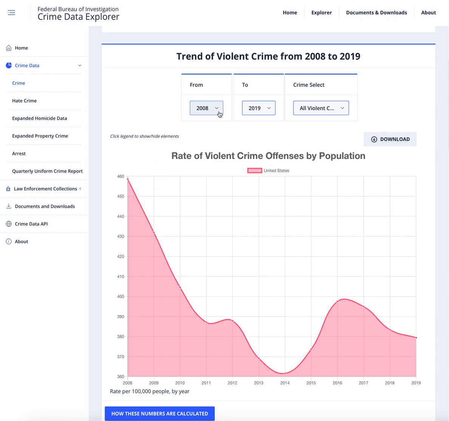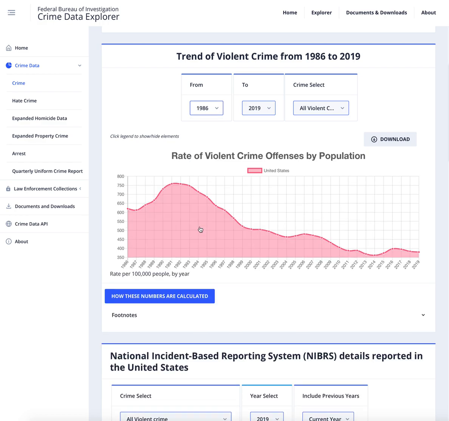So we learned about our increase periods. We decreased in the post World War II era, started increasing a little bit in the 60s, and increased in the 80s. This only goes back to 1986, so let's go all the way back to 1986.